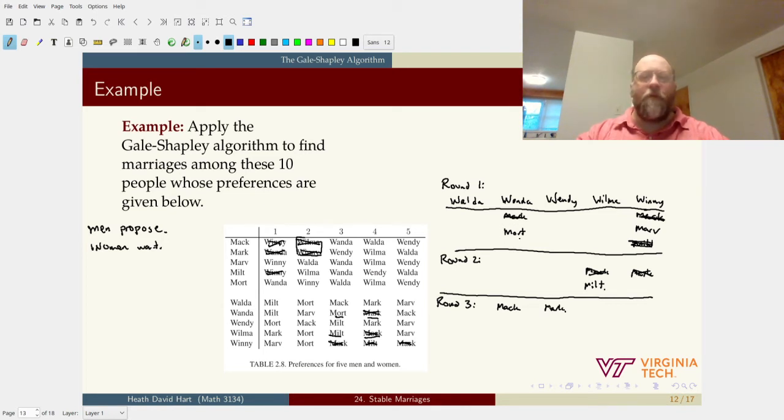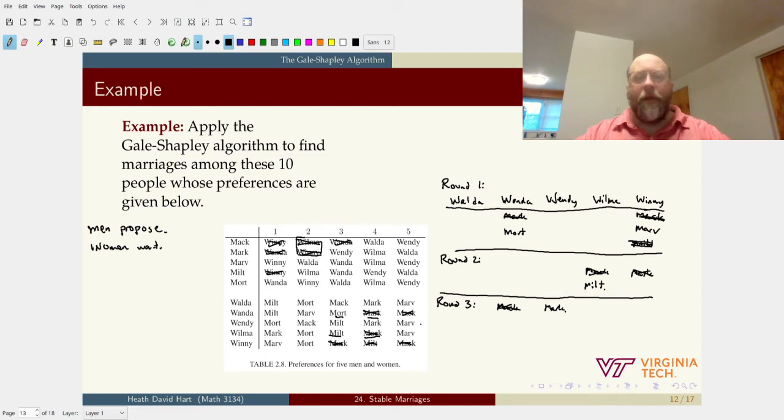Mort has been standing there since round one, and Mac just showed up and says, hey, I like you. And so Wanda looks and says, well, Mort is my third choice, but Mac is way down here, my very last fifth choice. And so Wanda's going to send Mac packing, and Mac just lost his third choice partner.